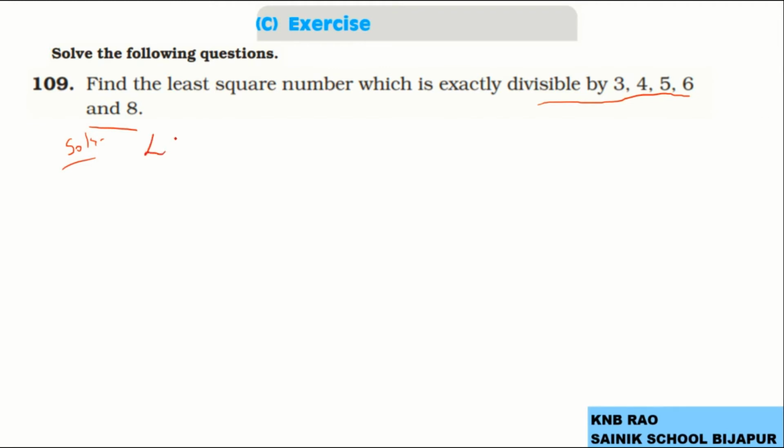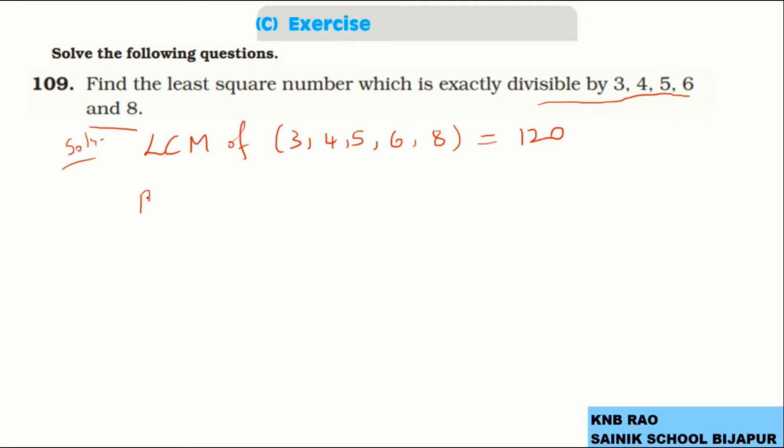It is called the LCM of them. So the LCM of 3, 4, 5, 6 and 8 is 120. You know how to find it. The moment you find the LCM of them, then you can say it is the one which is divisible by the given numbers.